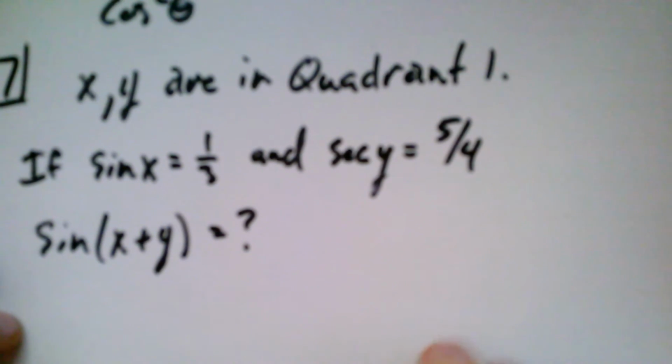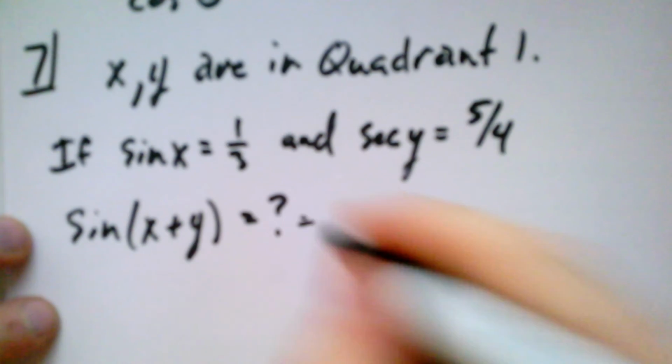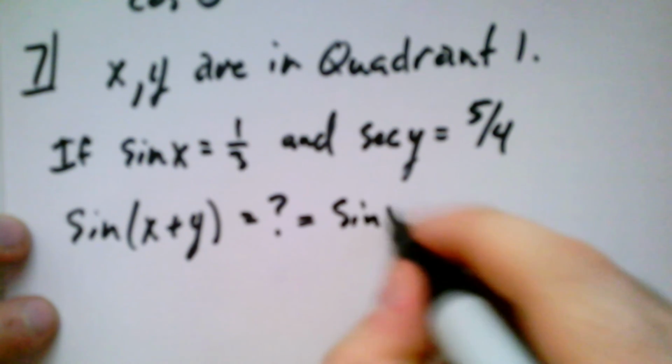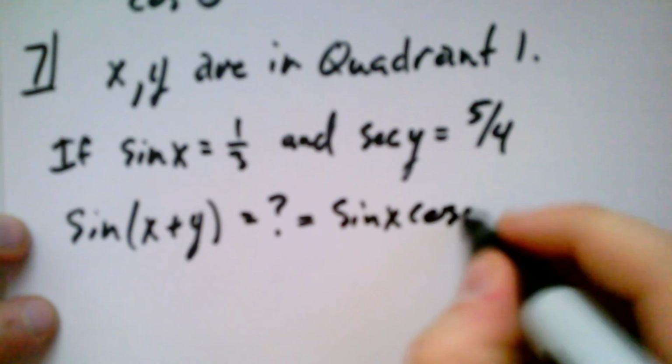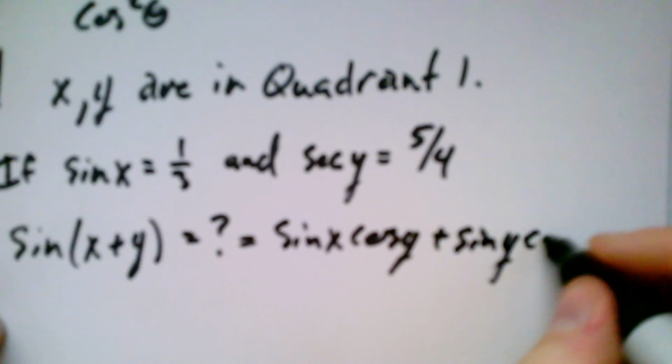So we can figure out what the cosine of x is, what the tangent of y is, and all of those. What we want here is sine of x plus y, which by our angle sum identity is going to be sine x cosine y plus sine y cosine x.